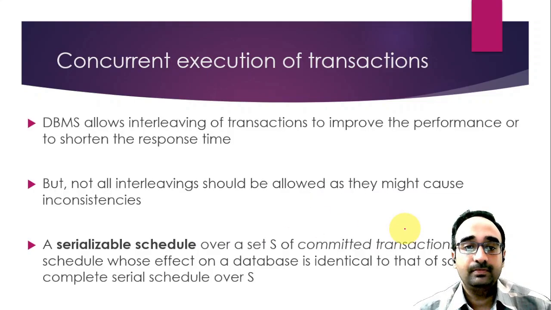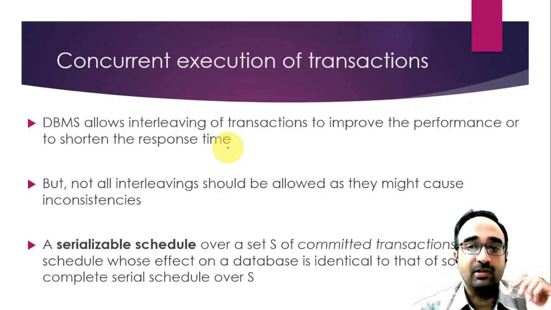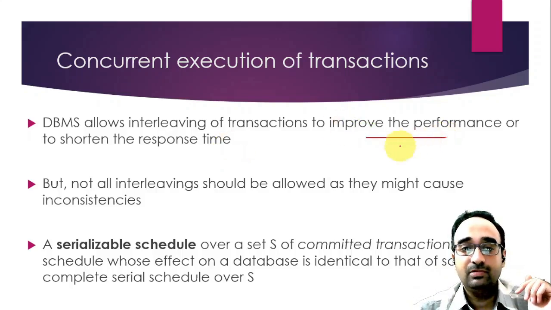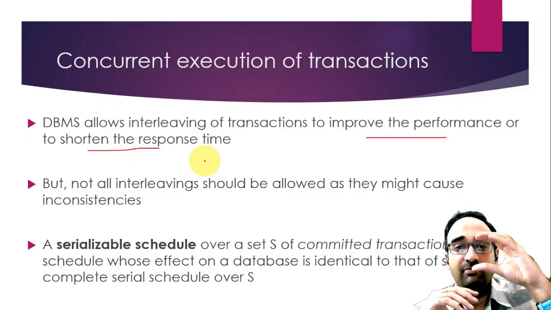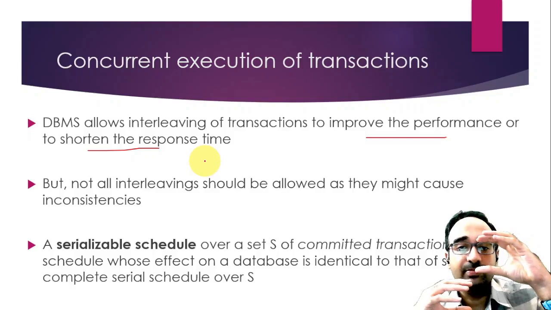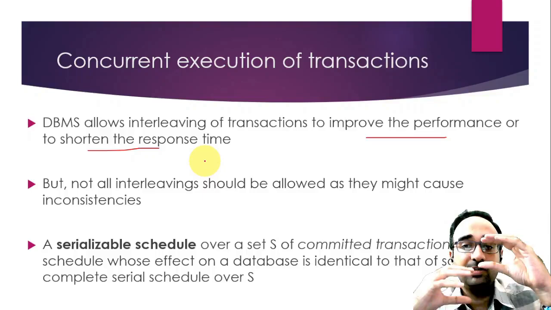So let's begin. I already told you why this interleaving of transactions is allowed: to improve performance, that is, to shorten the response time. For example, if T1 is performing first and T2 is performing next after T1, and the T1 transaction is suspended for a large amount of time, then T2 will not be performed.